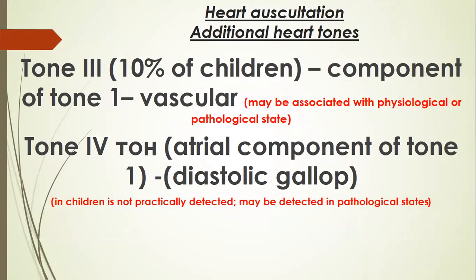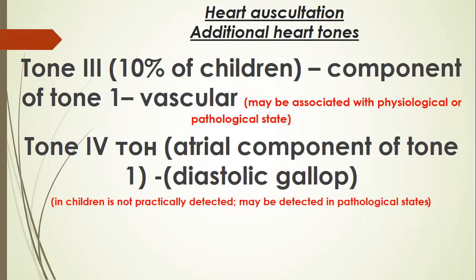Sometimes we hear the third tone. It is a component of tone 1. It's a vascular tone and may be associated with the physiological or pathological status of the child.